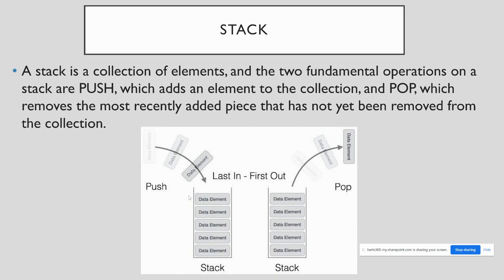Just like we look in here, we have push, when we push a data element into the stack, and then pop, when we start taking the data or the element out of the stack. Now, we also sometimes refer to it as last in, first out.